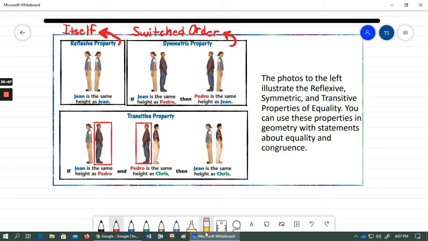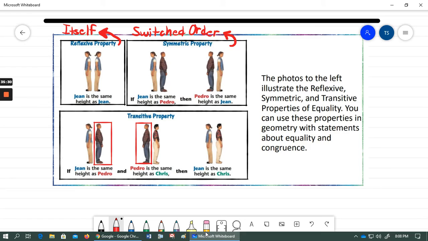Pedro here is sort of like a little middleman. You see, Pedro is the one thing that connects Gene and Chris. So Gene is the same height as Pedro, and also Chris is the same height as Pedro. Y'all get what I'm saying?